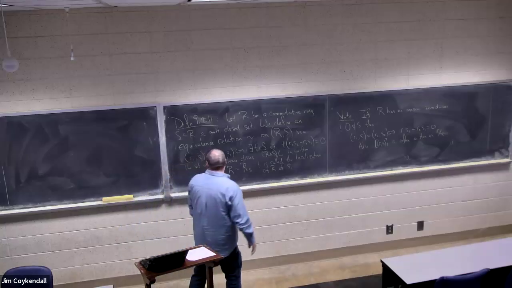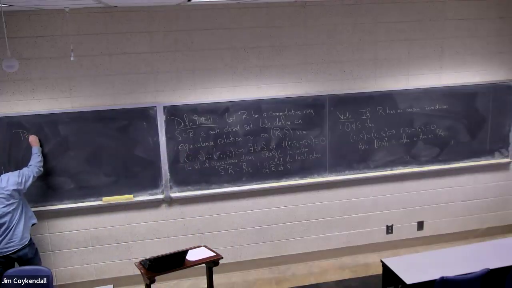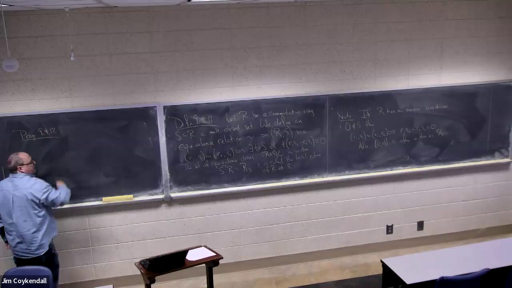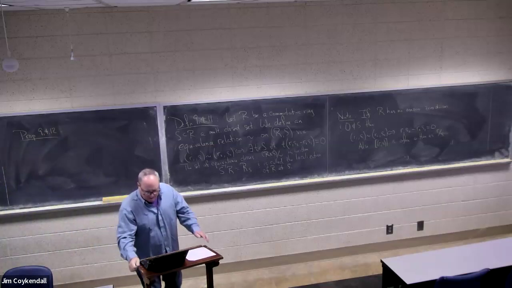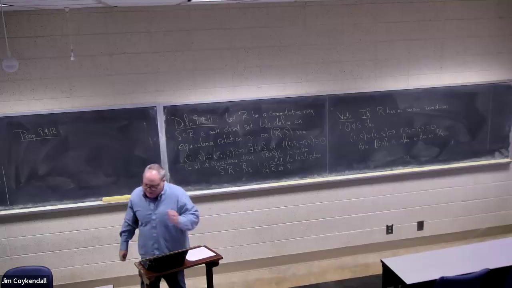Here is the big proposition here. Proposition 9.12. The set of equivalence classes forms a ring.